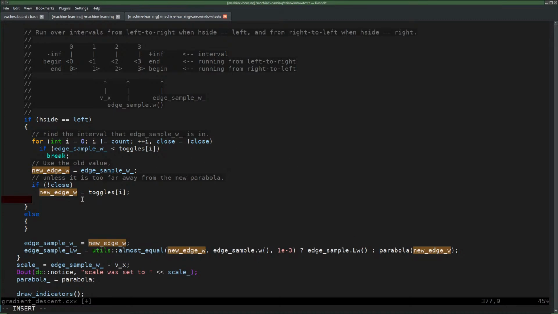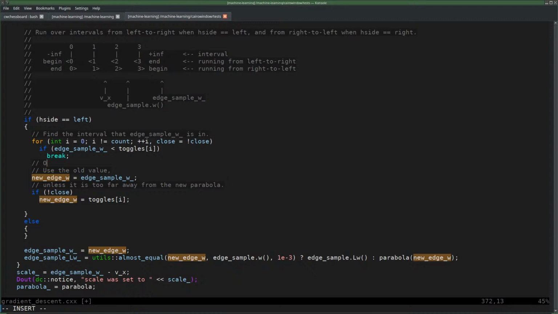Okay, now there is another problem. We might have overtaken Vx, which is definitely not allowed. And I might even have overtaken edge sample. Let's call it a limit or something. Let me think.